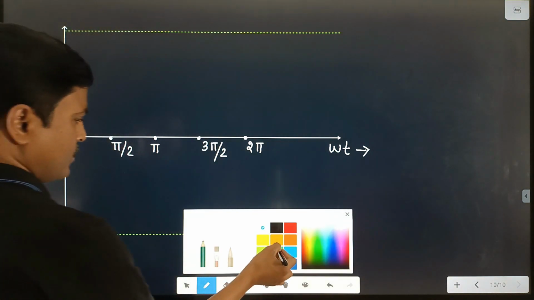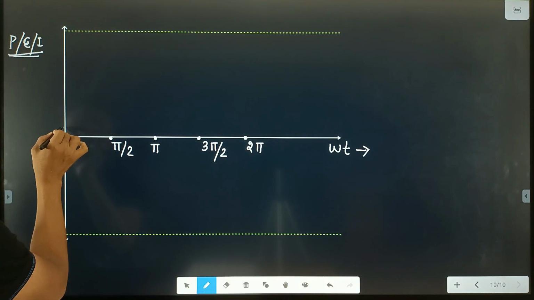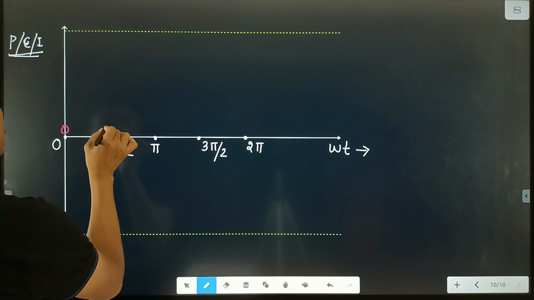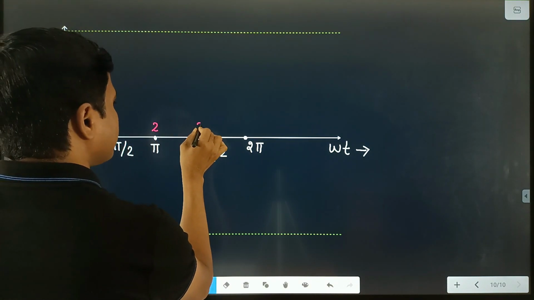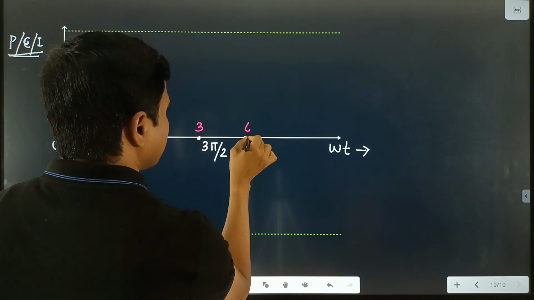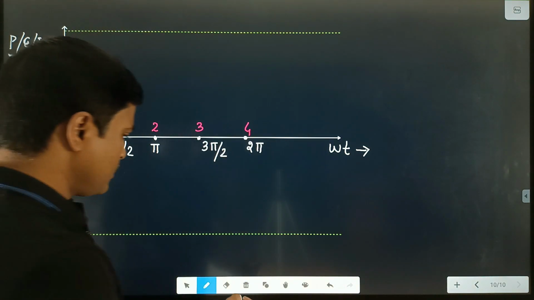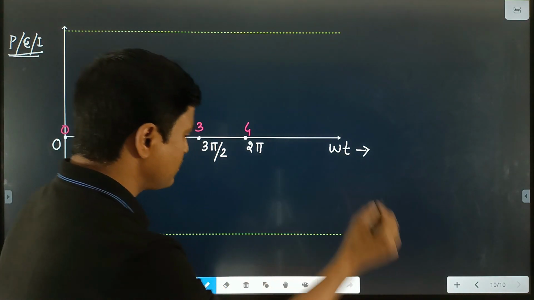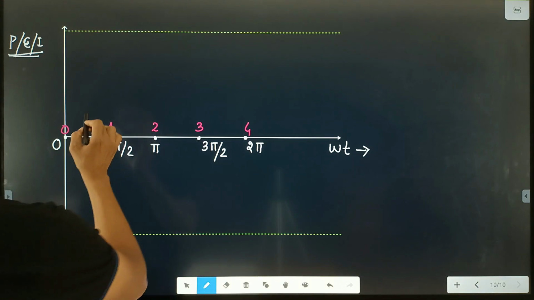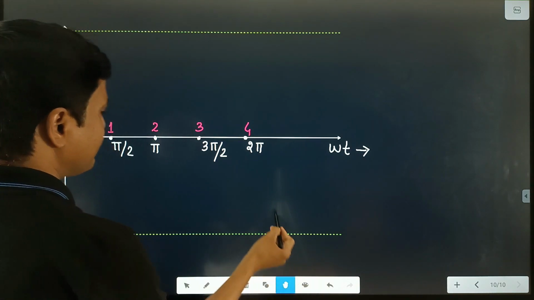Clear? And suppose this point is 0, this point we write 1, this point is 2, this point is 3, 4. 4 means 2 pi, 2 means pi. Clear? First we draw the graph for EMF, and you know the equation of the EMF.